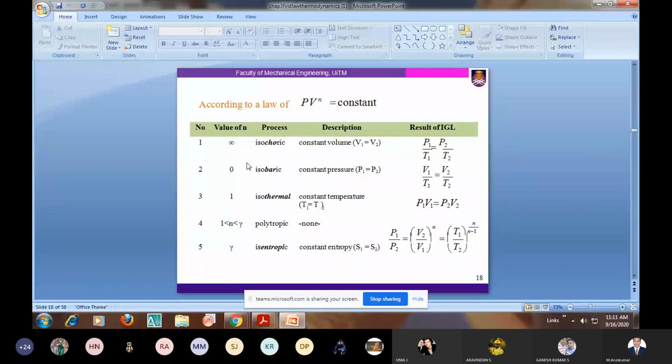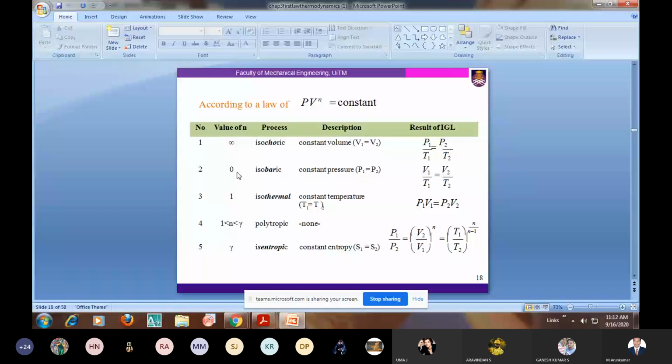If the n value is 0, we have P equal to constant. The n value for the isobaric process is 0, then the n value for the isothermal process is 1.